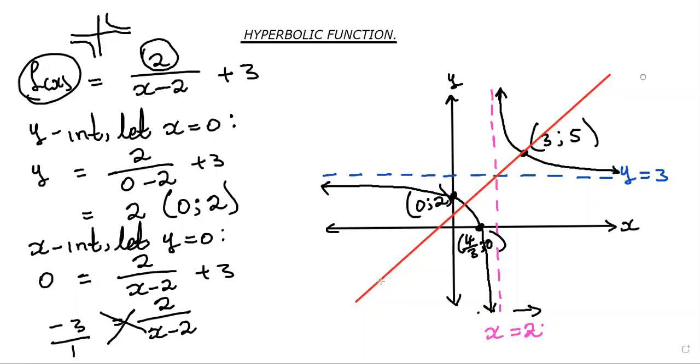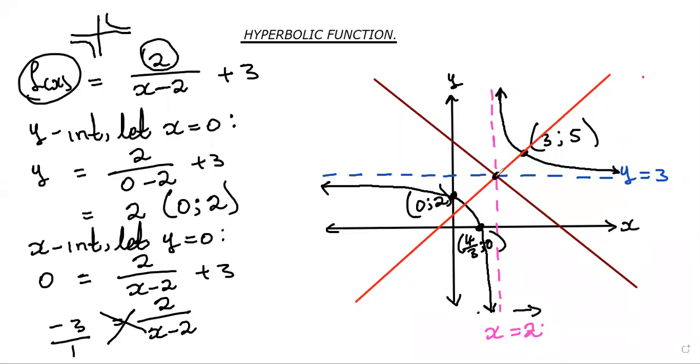Because it's going up, we know that it has a positive gradient. But there's also the other one with a negative gradient. This is how it's going to look, like that. Perfect.